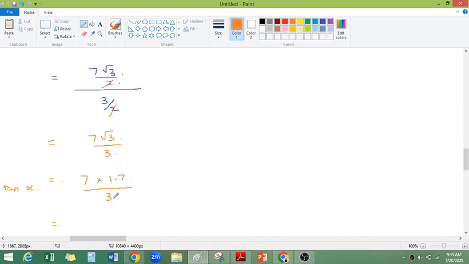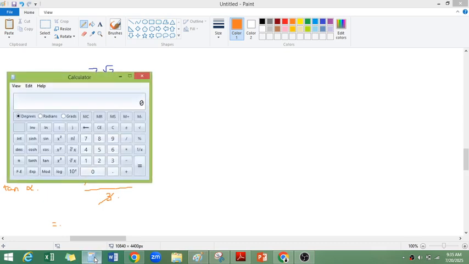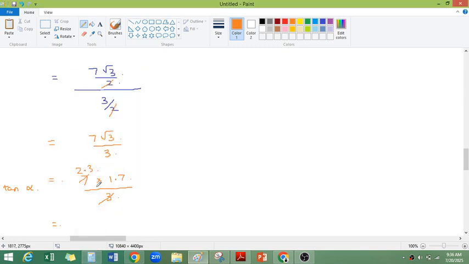How much will this be? 2.3 something. 2.3 into 1.7, how much is that? 3.91. So this is 3.91. I know that tan 60 is root 3, which is 1.7.